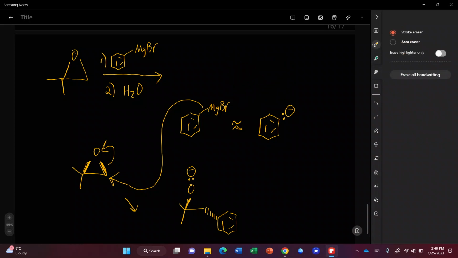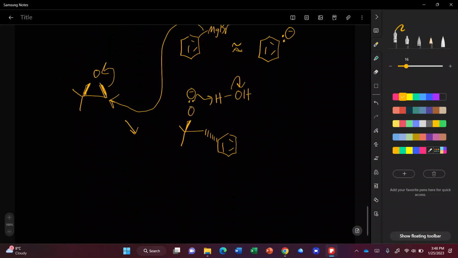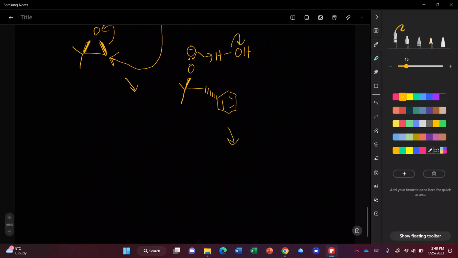In fact, that's why Grignard reagents are so useful. The MgBr doesn't cause any weird side reactions. But anyway, we get this, and then we throw in the water, which allows us to get rid of that negative charge on the oxygen. And so you can add Grignard reagents to epoxides.